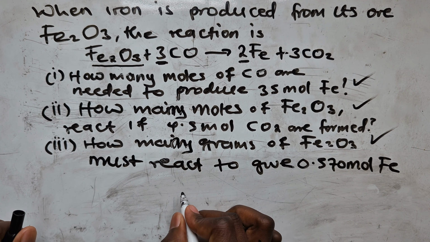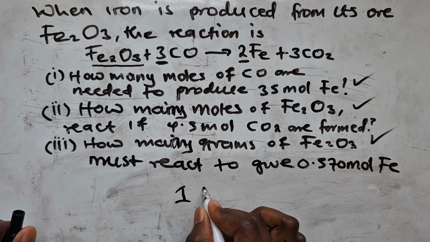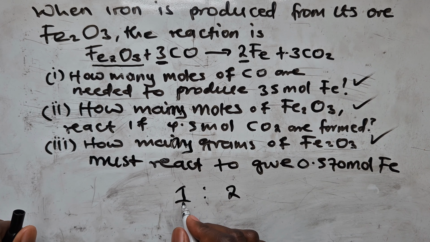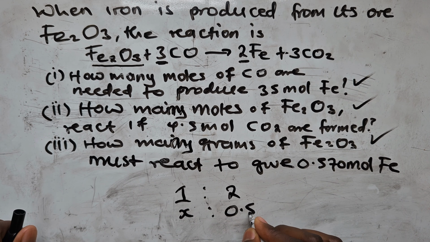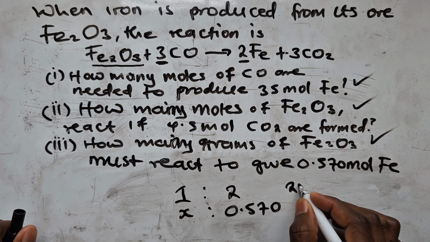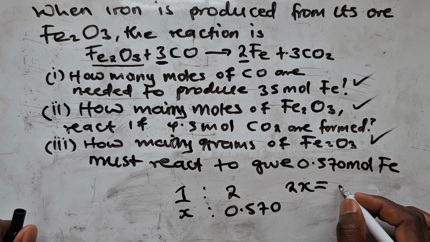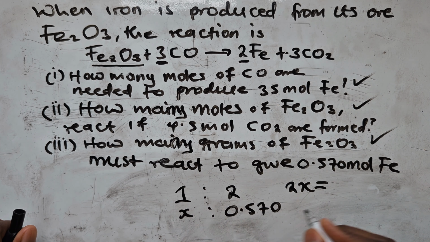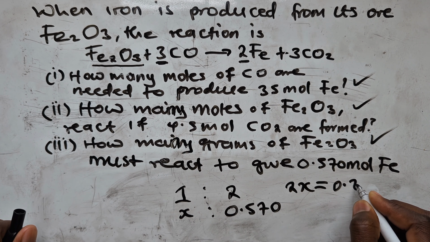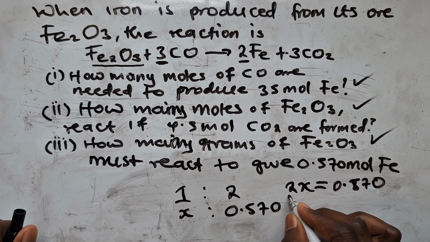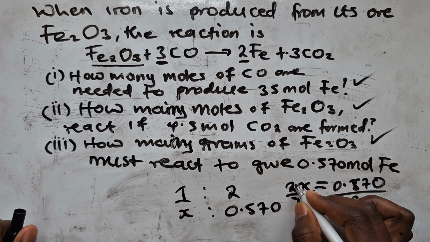So this one is having 1 mole in this reaction. There we have 2, so we write 1 to 2. Then what do we have on this part? We don't know what this is. And how many moles do we have there? It is 0.570. So when you multiply this and that, you end up having 2x equal to 0.570.